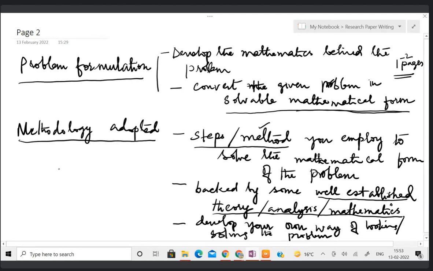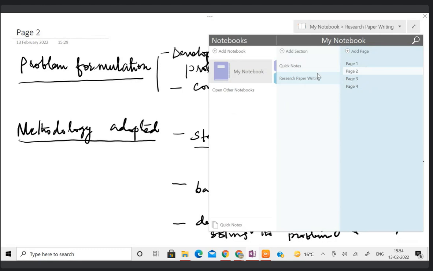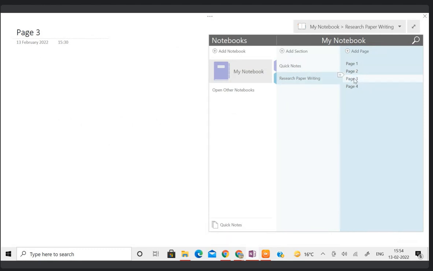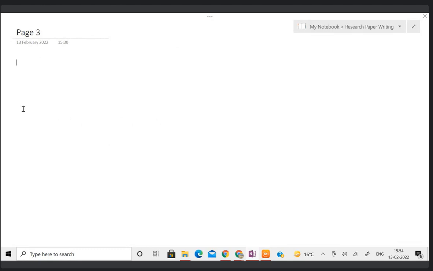And then comes the next section, which is the reporting of the result obtained.